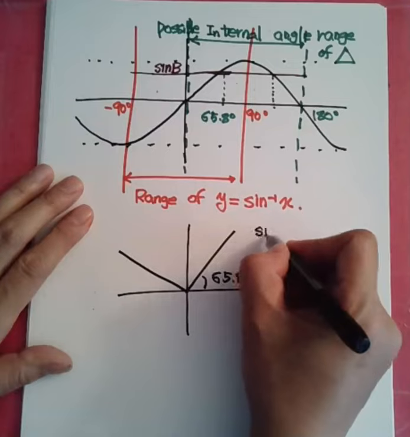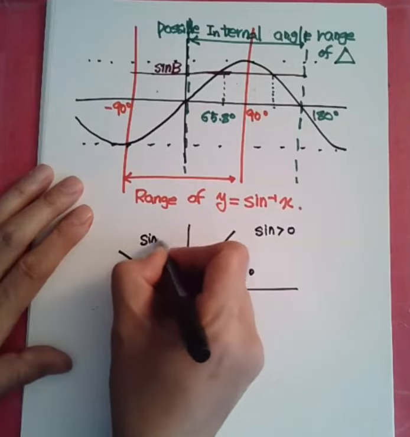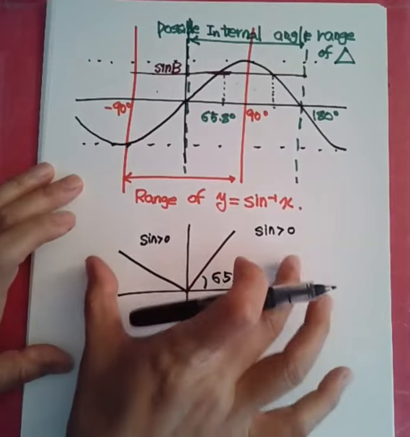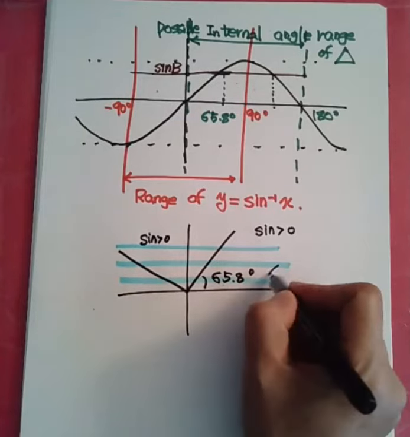This is the sine function. Sine is positive in the first and second quadrant, and this is the possible internal angles range. So this is the reference angle.